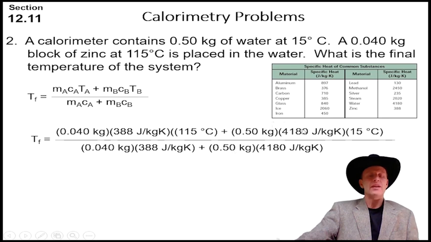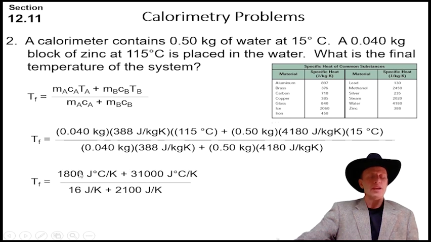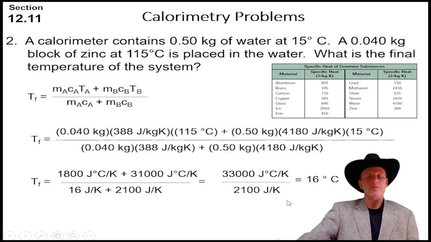The mass and the specific heat get copied down. So now change this big fraction into four numbers. Find the product of each of these four terms, and then add the top, add the bottom, and then divide. And we get our answer for this one. So it's going to be 16 degrees, the final temperature.